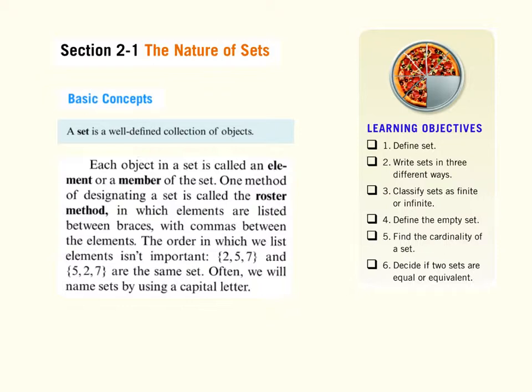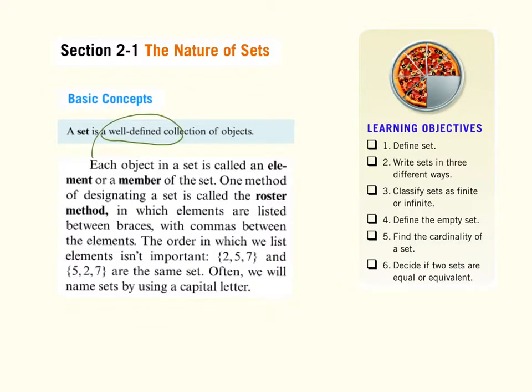Okay, so let's continue to discuss sets. And again, in your packet, write down the vocabulary for a set. A set is a well-defined collection of objects. I want to point out again the word well-defined.